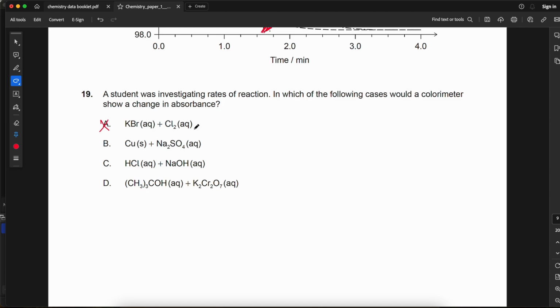And for D, it's an oxidation reaction with the formation of Cr3+ ion, it will cause a color change, but it might not be significant enough to be detected because the concentration is maybe not very high. But Cl2 is definitely colored water, so it will definitely be detected by the colorimeter.